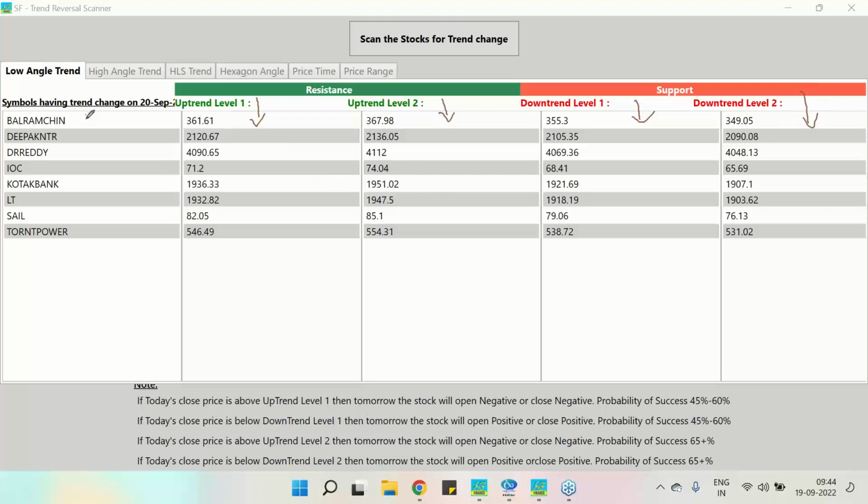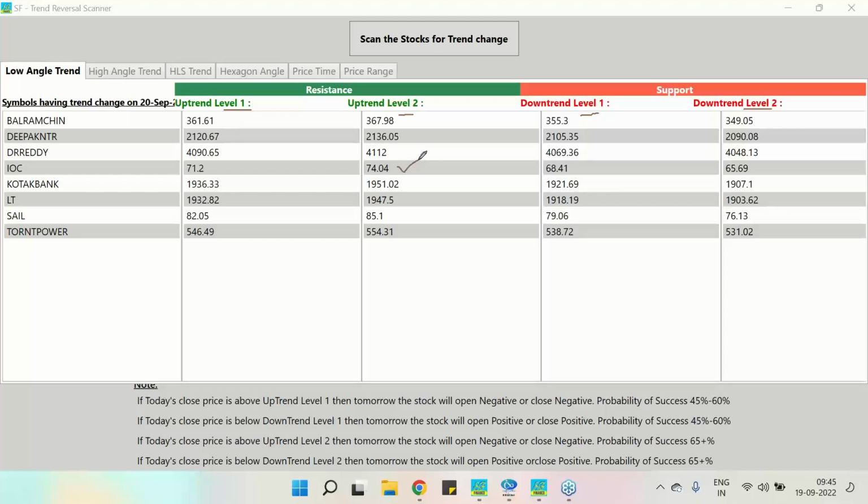So here the stock list, it is obvious, these are the stocks having the trend reversal date tomorrow. That is clear to all of you. But what is this uptrend level 1, uptrend level 2, and downtrend level 1 and downtrend level 2? This gives you the probability of success on that trend reversal day. Suppose by 3:20 you observe that IOC, Indian Oil Corporation, is trading at 74 rupees 5 paisa or above.